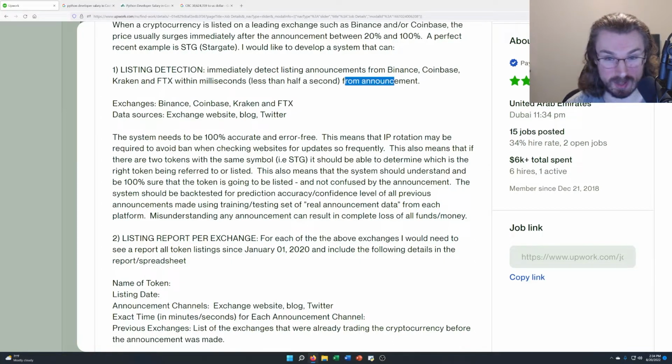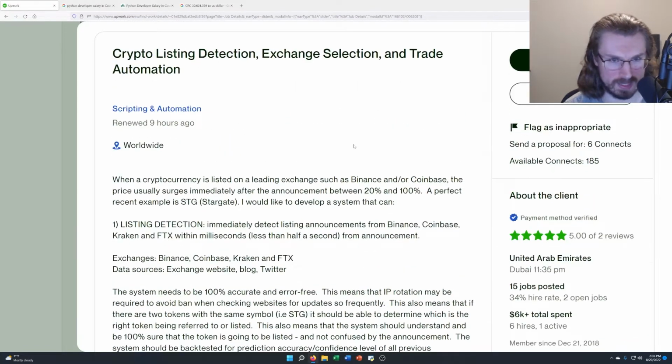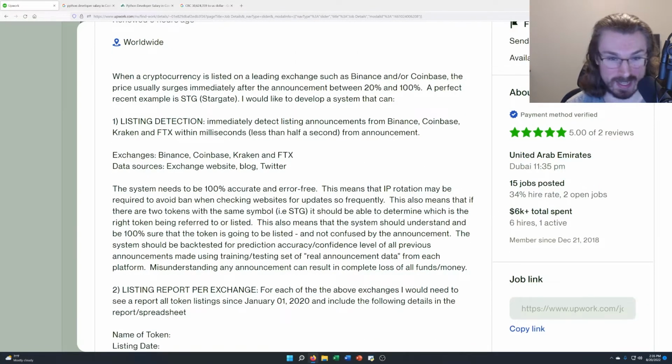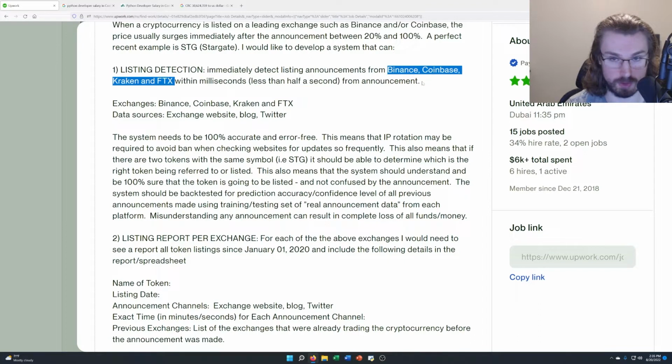He wants to know of a new offering of a coin or of a crypto asset within less than 500 milliseconds. So basically, I would do it by pulling from these sources, checking for new articles or new listings, and then doing entity detection to collect when a new coin is offered, a new listing, crypto asset, whatever you want to call it.